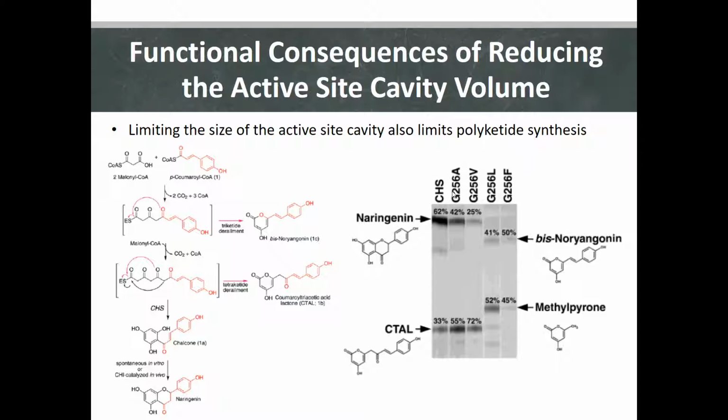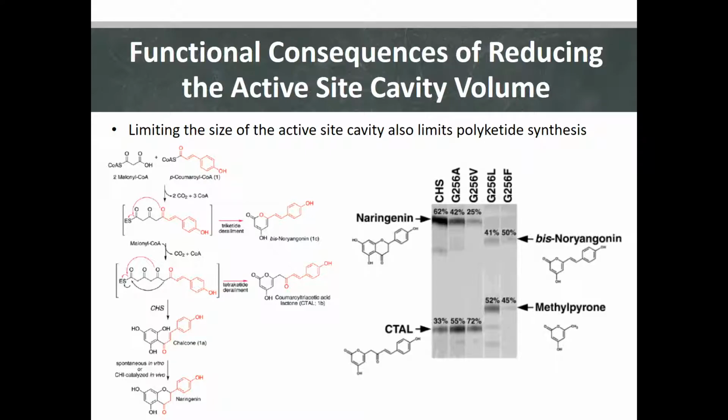So the alanine made it so that the active site is not shaped exactly the same way, and your final product distribution relative to CTAL is altered ever so slightly. If you introduce a valine, similar story.